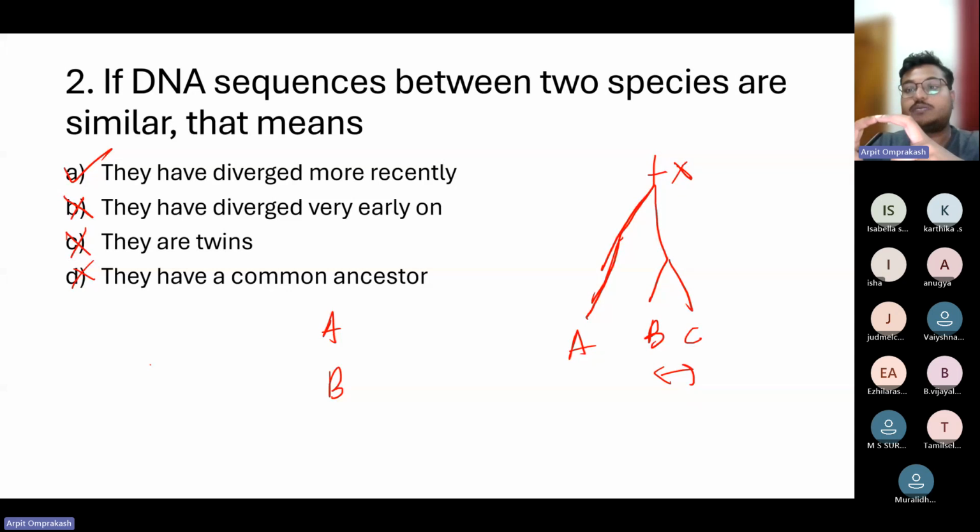So the wings independently evolved in both birds and bats. Of course, they have a common ancestor, but the similarity in the sequence where the wings are getting formed does not tell us that they have a common ancestor. The similarity or dissimilarity in the sequence does not relate to them having a common ancestor.